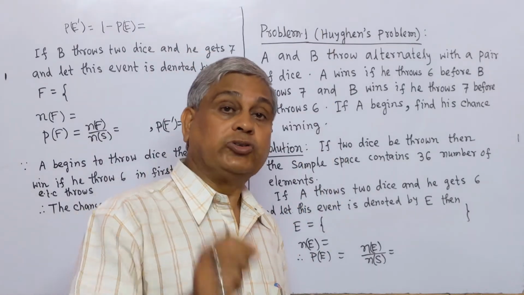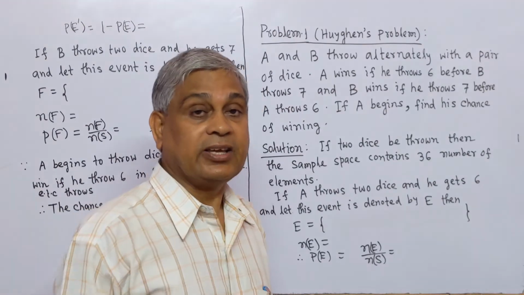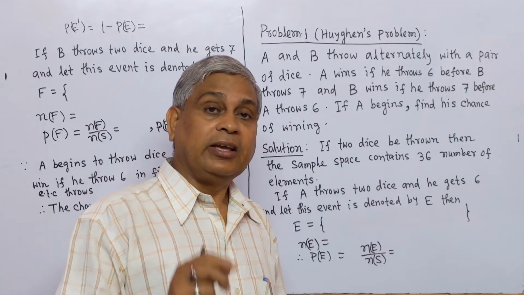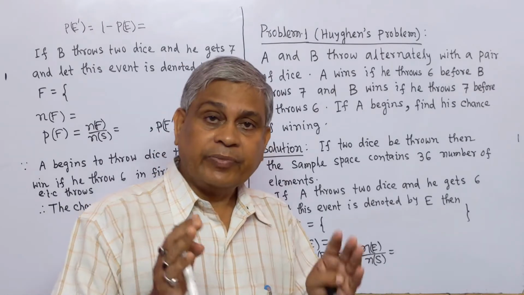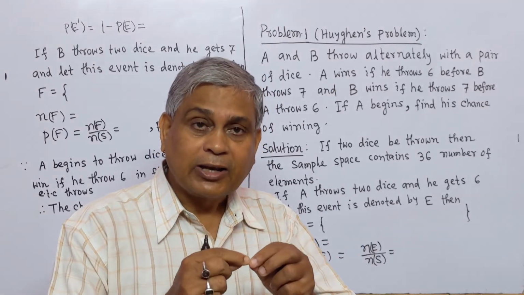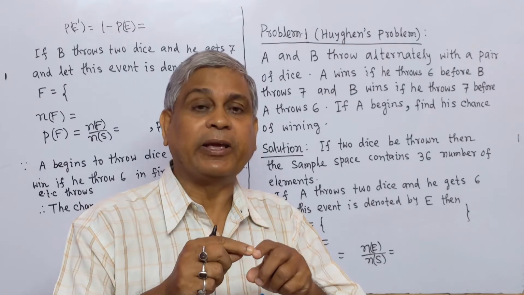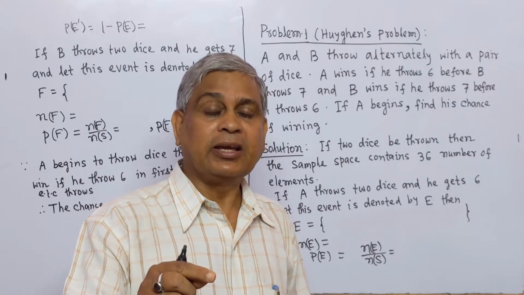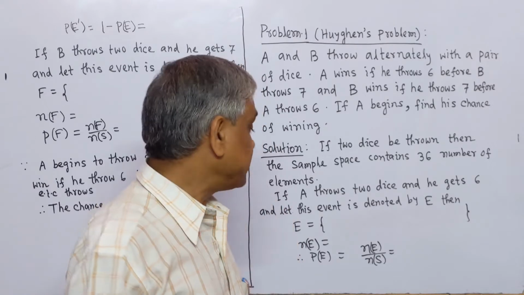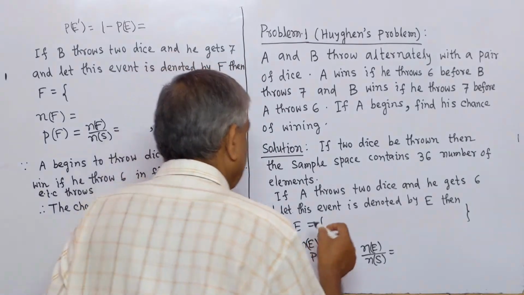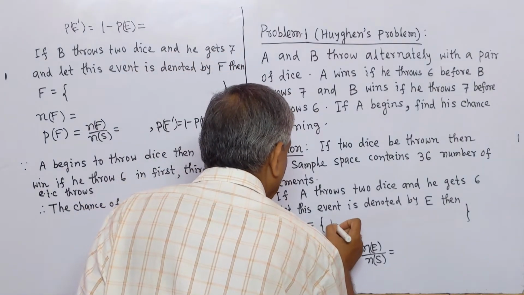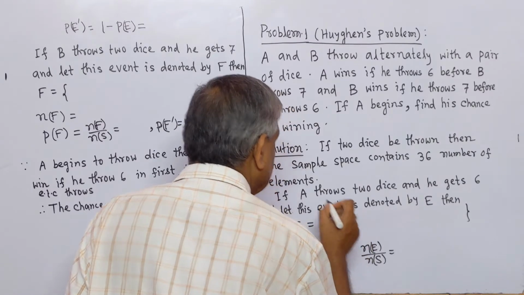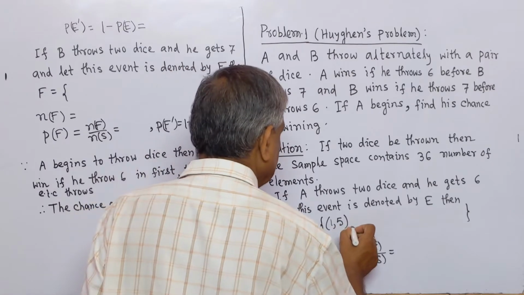If A throws 2 dice and he gets 6, it means the sum of the components of the ordered pair is 6. That means in the first die he gets 1, second die 5, 1 plus 5 is 6.